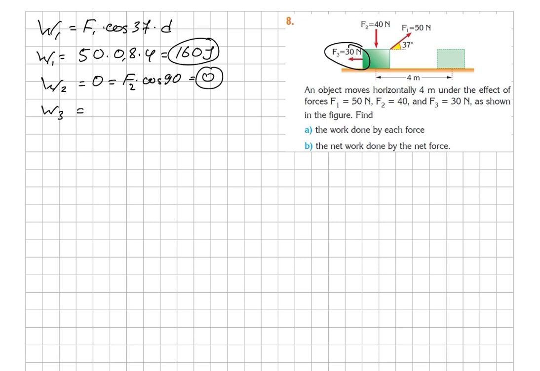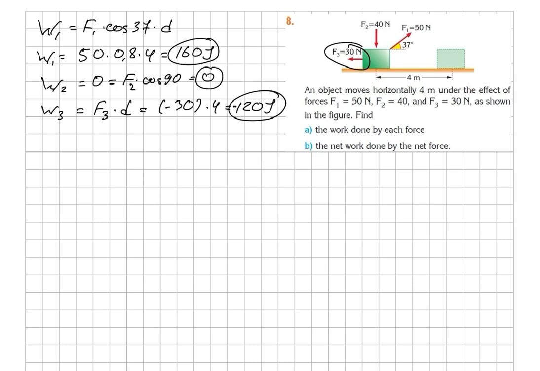It will be equal to negative 30 times 4, negative 120 joules of work.